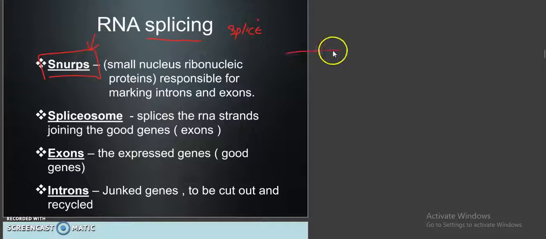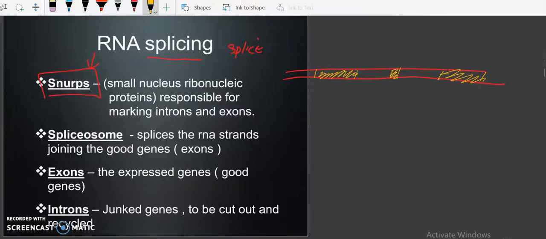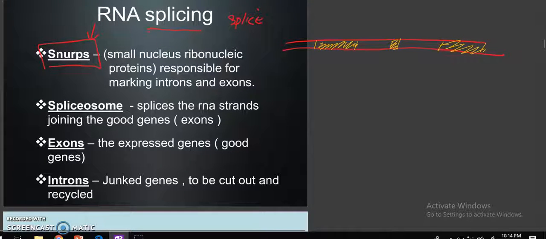For example, the yellow here are the introns, while the blue are the exons.